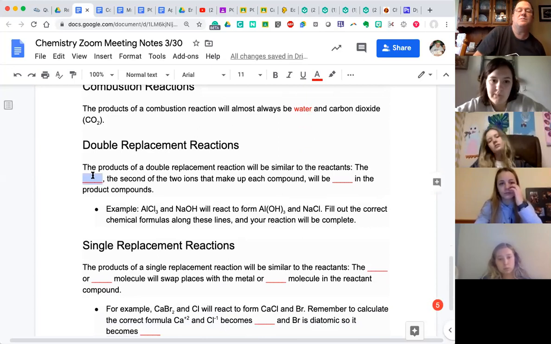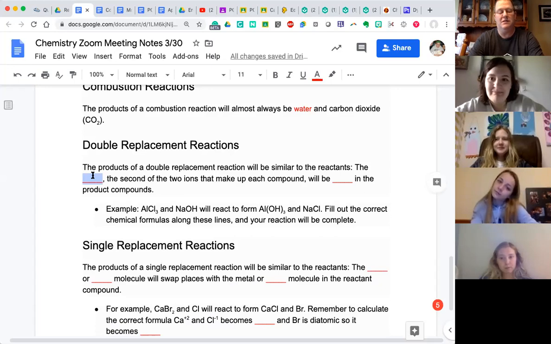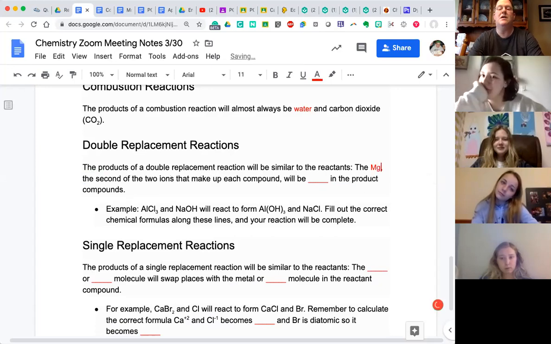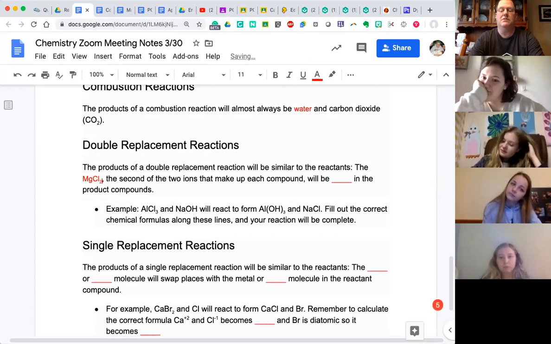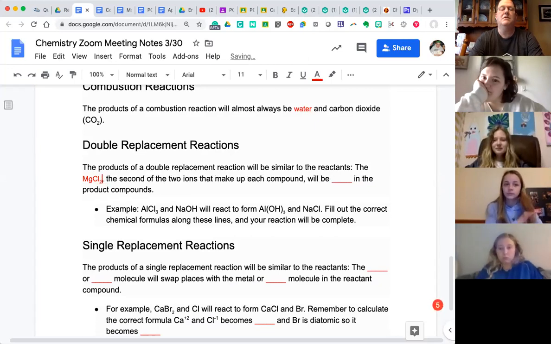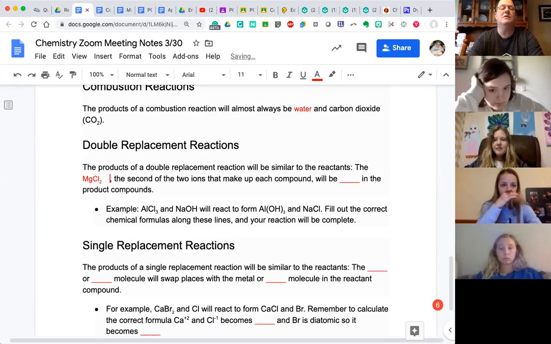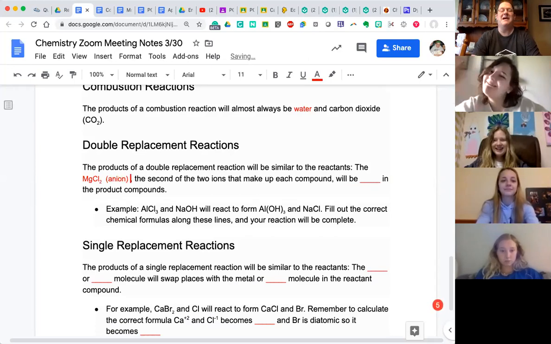Okay, double replacement reactions. The products of a double replacement reaction will be similar to the reactants. The second of the two ions, is that the cation or the anion? The second one listed. Like magnesium chloride, the chlorine is called the what? Anion.